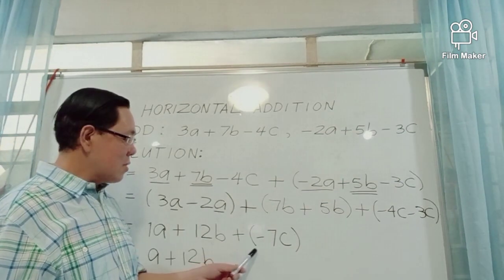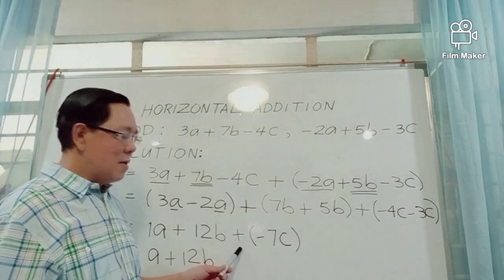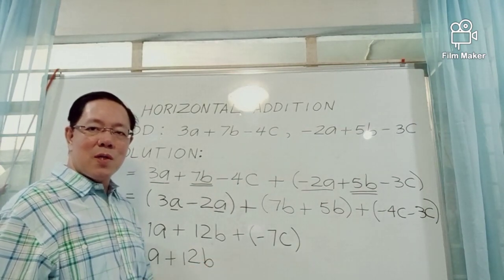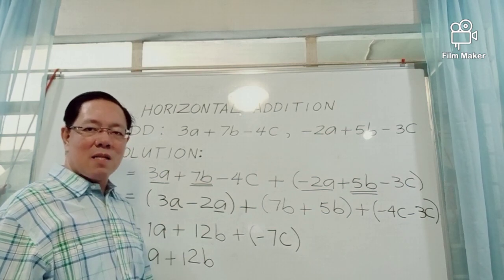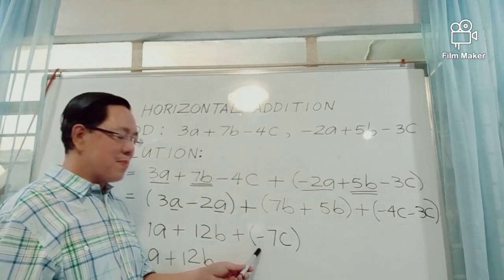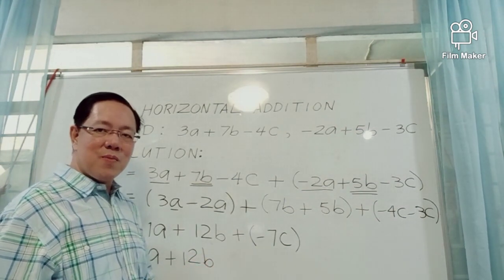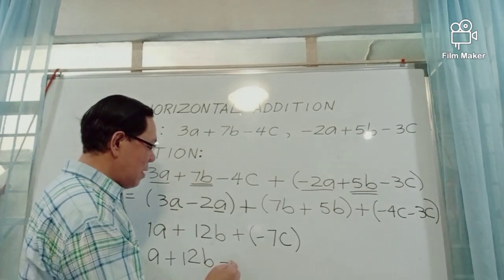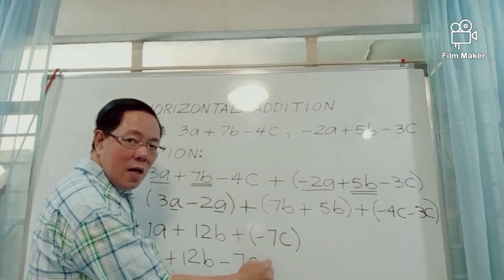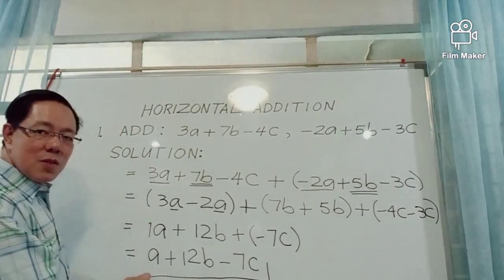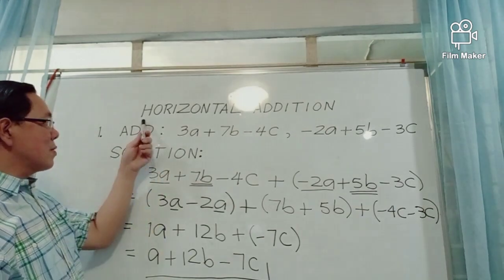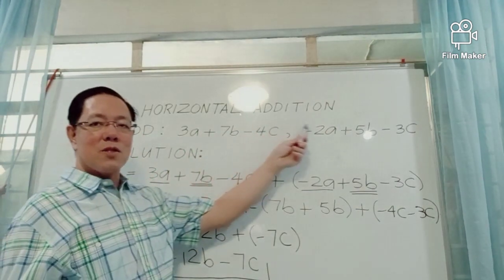For this, we apply the rule for multiplication of signed numbers, which you learned from your arithmetic class. So plus multiplied by negative, positive times negative is negative 7c. This is the sum of the given algebraic expressions, which we obtained by using horizontal addition.